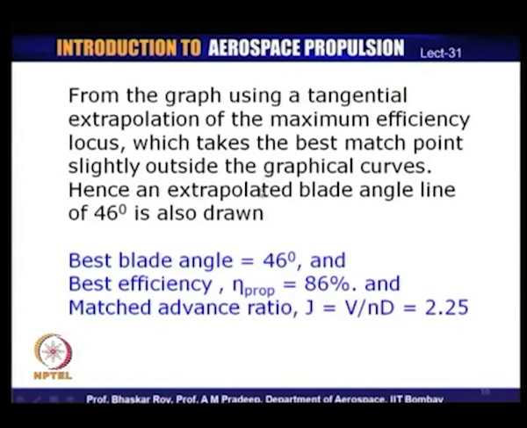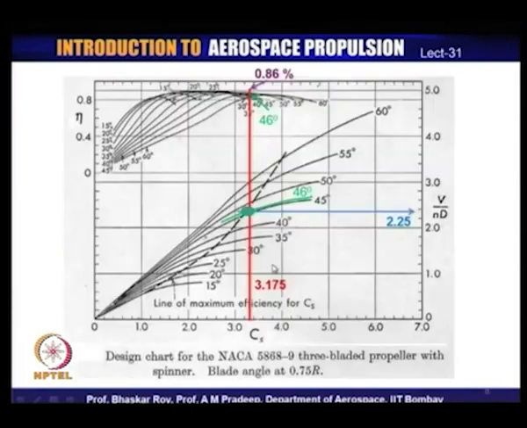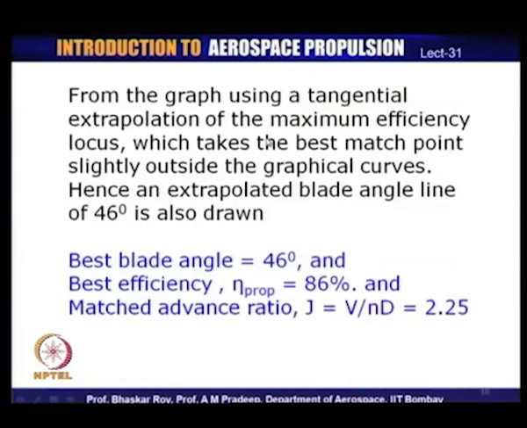So, let us say the solution is 46 degree, and for that 46 degree, again we did not have a 46 degree efficiency line. So, that needed to be created, and that extrapolated solution gives us the best blade angle for the reference section of the propeller at 46 degree, and the corresponding best efficiency would be 86%, representative of the entire propeller, and the advance ratio there is 2.25.